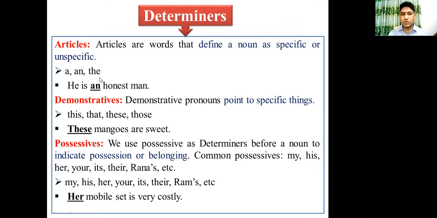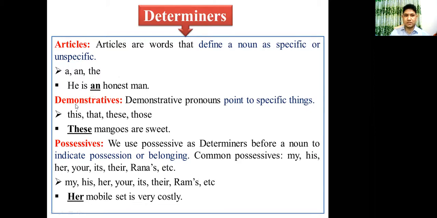So we use an before a vowel. So you see, an here is an article and it is a determiner, or we can say it is a pre-modifier, since it is used before a word, honest man. It is used before a word, so we can call it a pre-modifier.